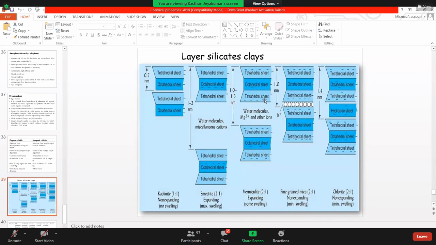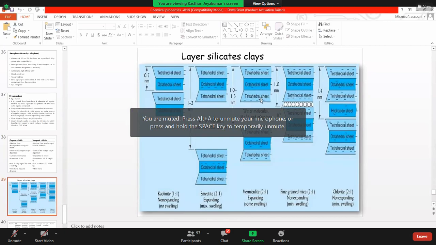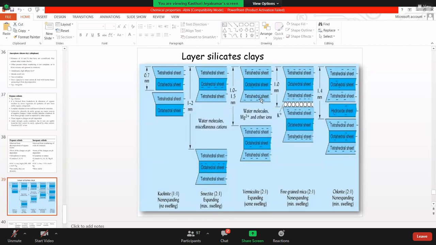In between two layers, you can observe weak bond, and here due to magnesium ion dominant nature, you can observe more negative charges. So the cation exchange capacity is high, and not in 2:1 non-expanding type. The example is fine-grained mica.